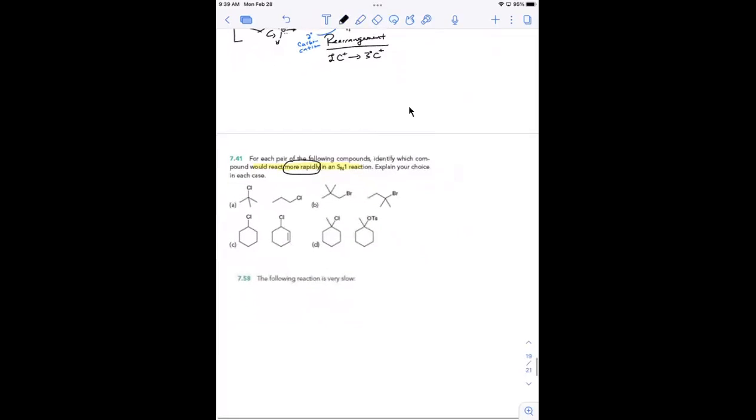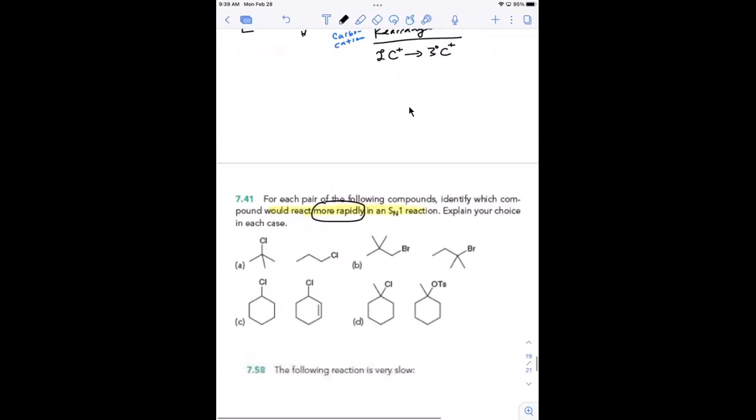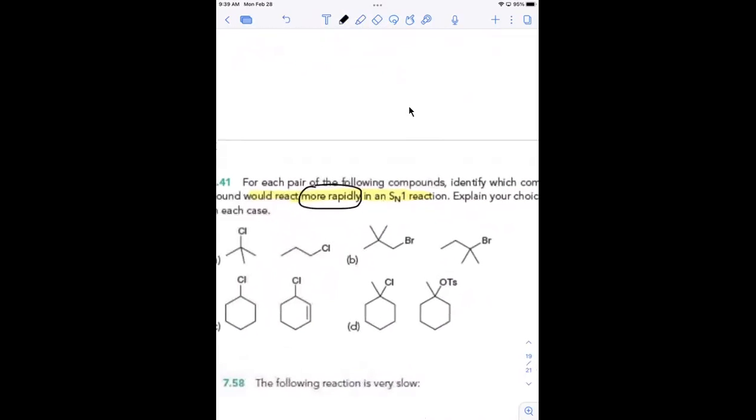In other words, when we think about SN1 and the rate of an SN1 reaction, what are we concerned with? What's going to increase the rate? Give me two factors that can increase the rate of an SN1. Can one be how good the leaving group is? Mhm.